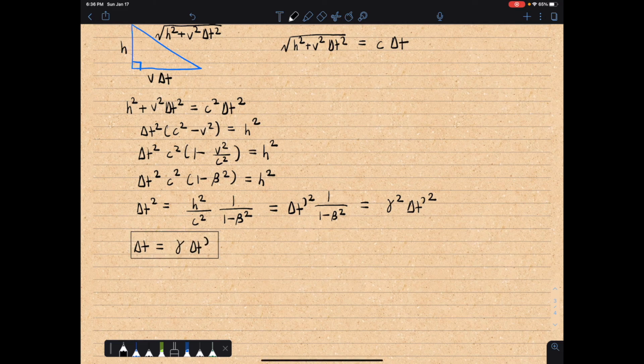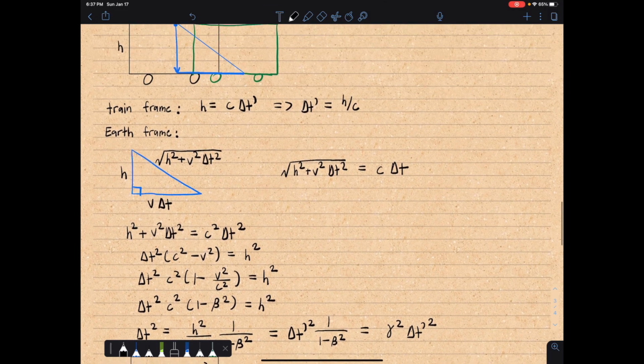And we have recovered the same time dilation formula that we have found above.